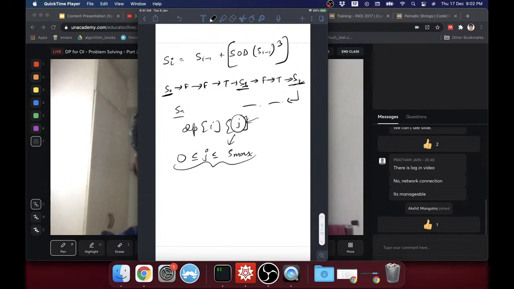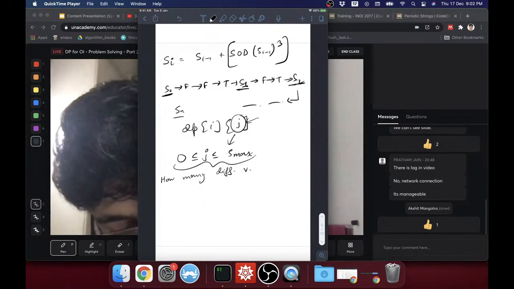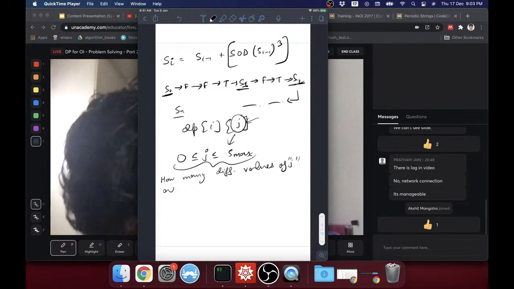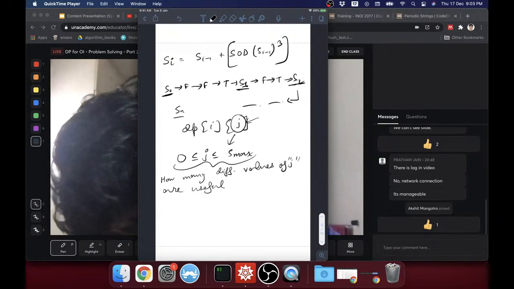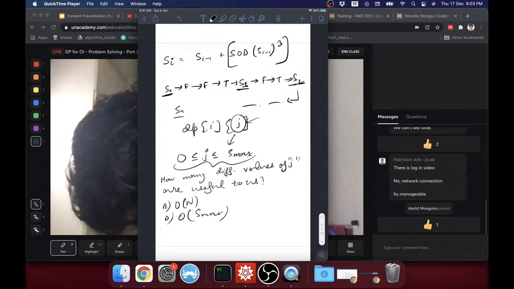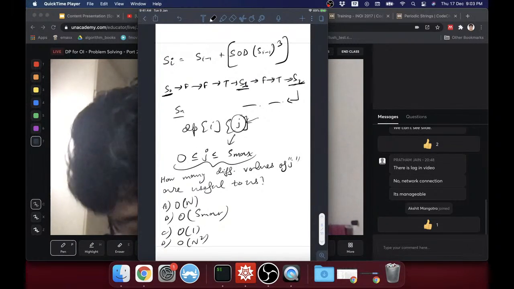That's the question. How many different values of j are useful to us? A order n, B order S max, C order 1, D order n square.